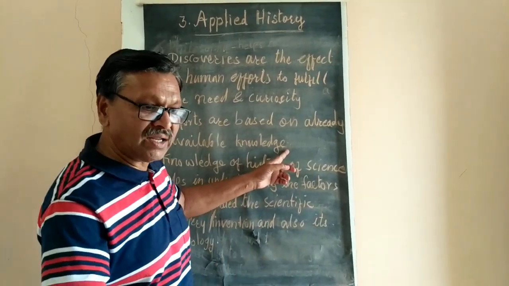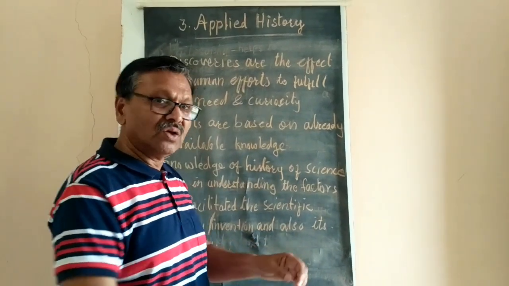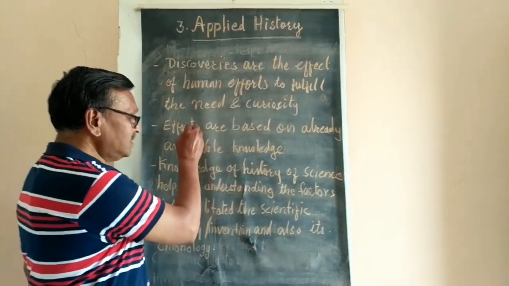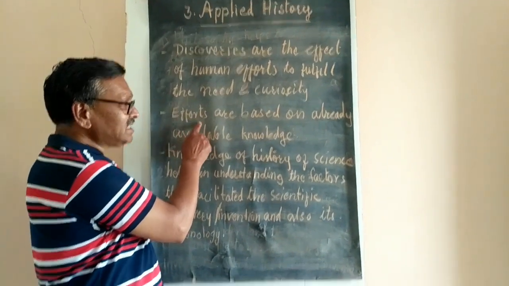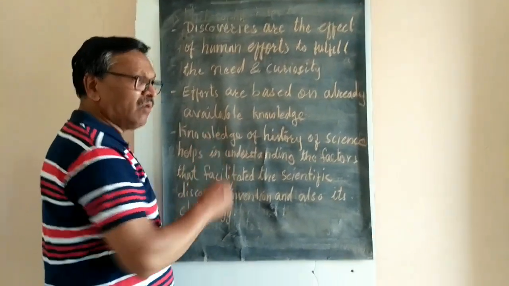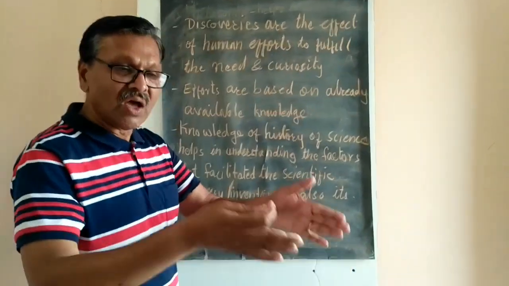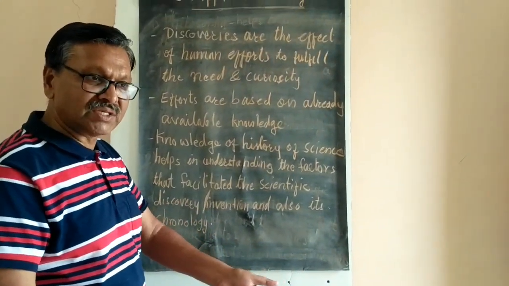If we have to add something else to that, they are doing experiments. It is their efforts, and these efforts are based on already available knowledge. The available knowledge is that we already have this vaccine present.